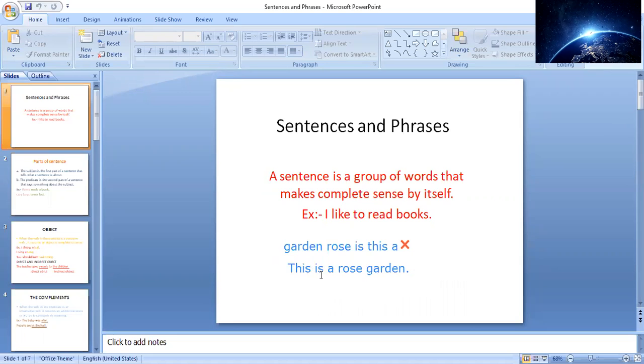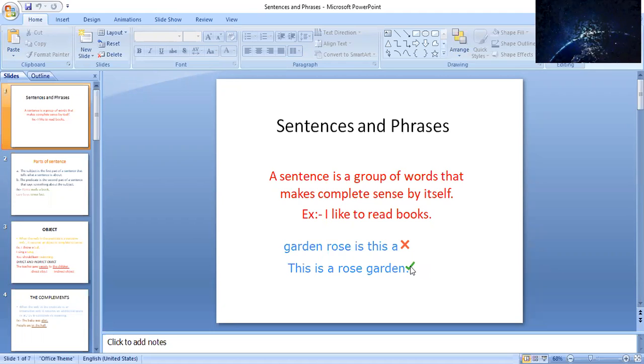From this sentence, this is a rose garden. This is a sentence. This collection of words is giving us a complete sense. So obviously this is a sentence.